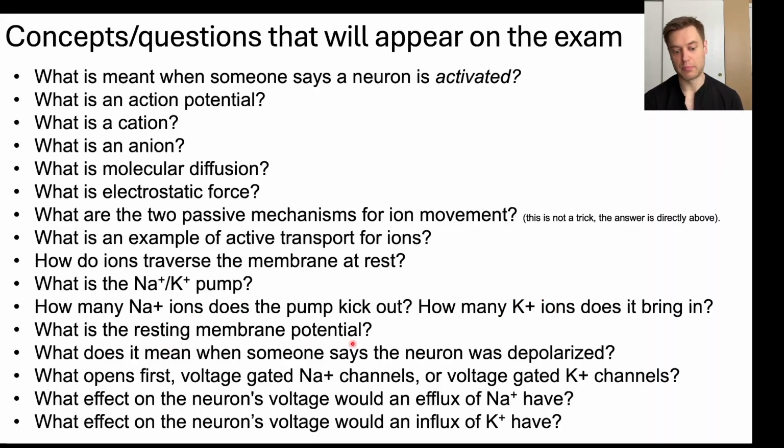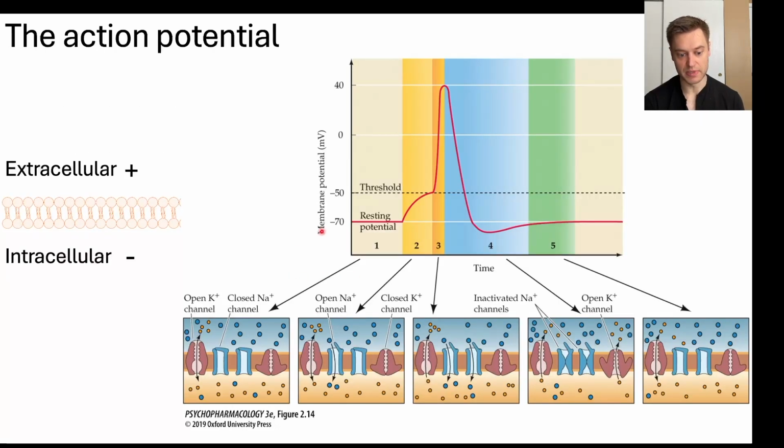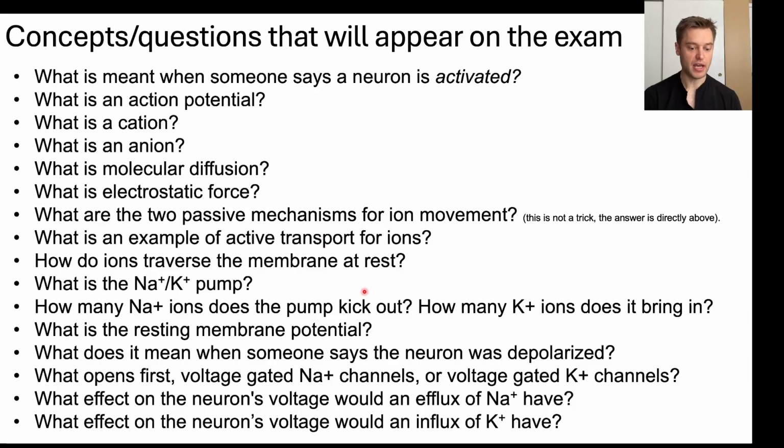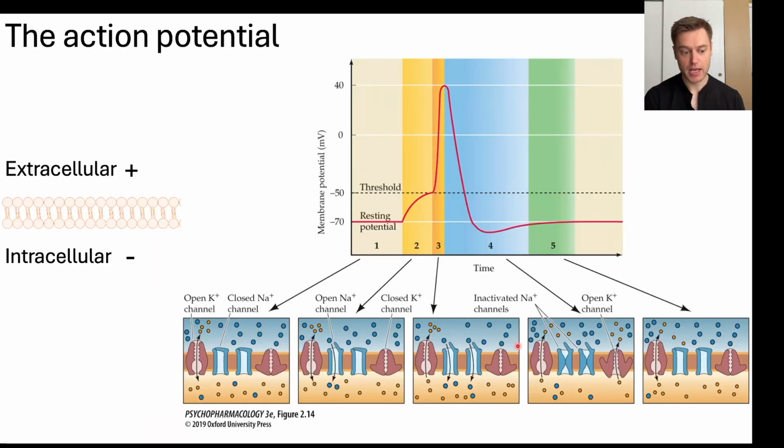What is the resting membrane potential? It's negative 70 millivolts. You know what I mean? That might be one of those things where you might be confused about what I'm actually asking, but hopefully it's all going to be multiple choice. So that's not trying to be philosophically confusing, although I now realize that it might be. What does it mean when someone says the neuron was depolarized?